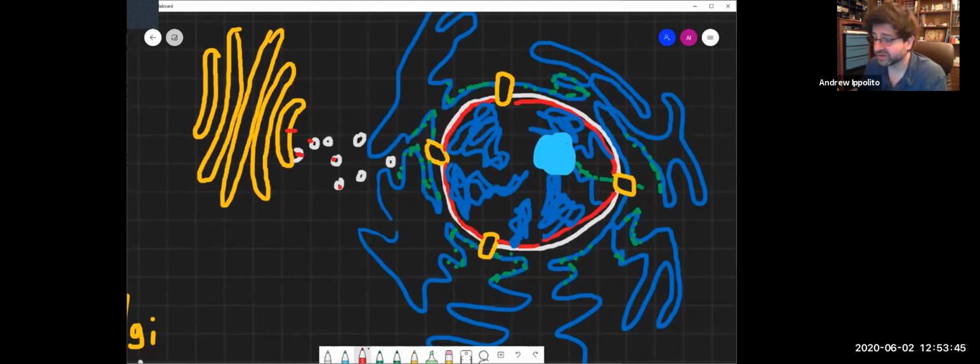Some of them will be destined for excretion. Running out of colors here. Anyway, so if they're destined for excretion, they'll go into the Golgi like that.